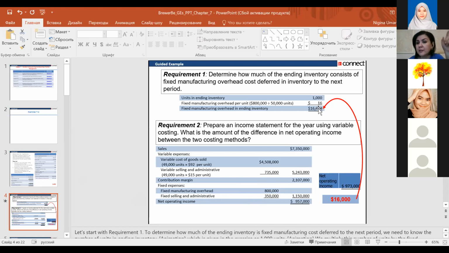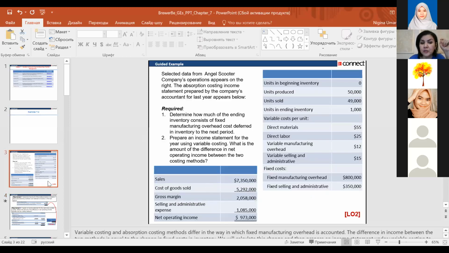And we are not selling this ending inventory. That's why we do not include this inventory in the cost of goods sold, right? So this inventory still resides. So this 16,000 of fixed manufacturing resides in inventory. When this inventory is sold, this 16,000 will be included in the income statement, in the cost of goods sold.